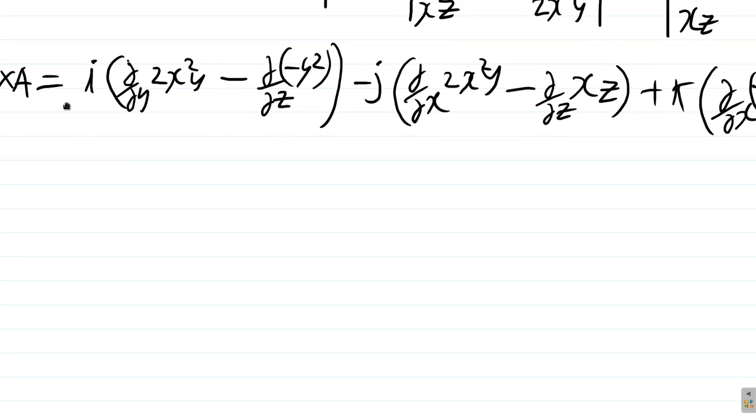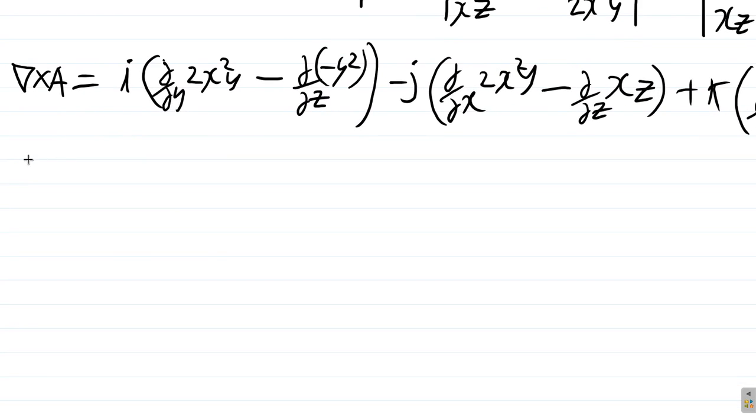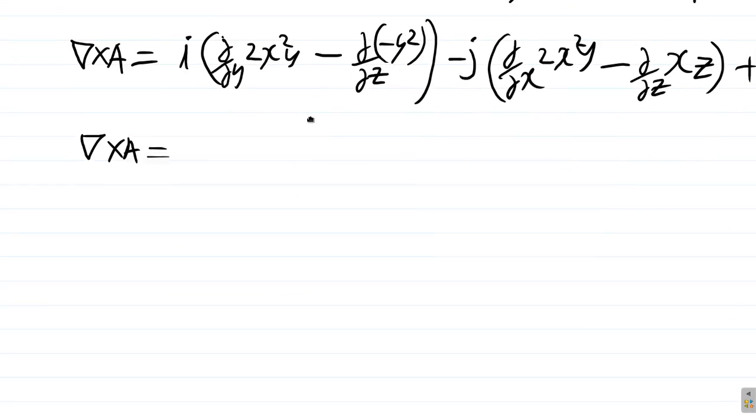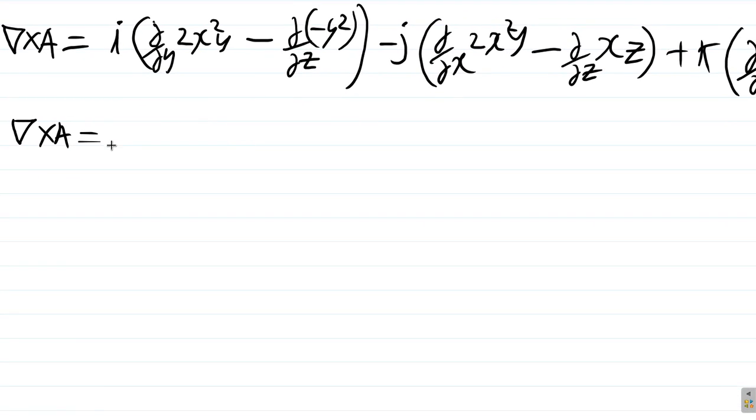You can simplify this somewhat and say therefore nabla cross A, the curl of the vector A, is equal to i and partial by partial y of 2x squared y minus, well, it's minus negative, right?